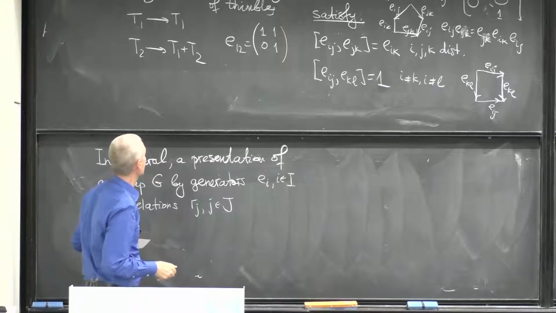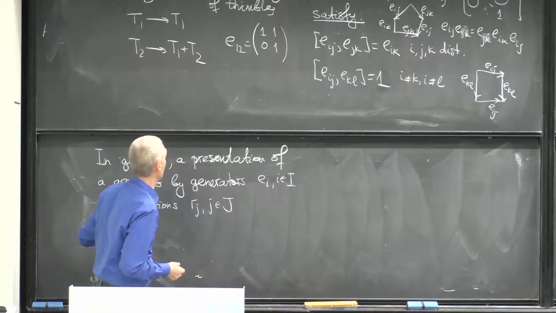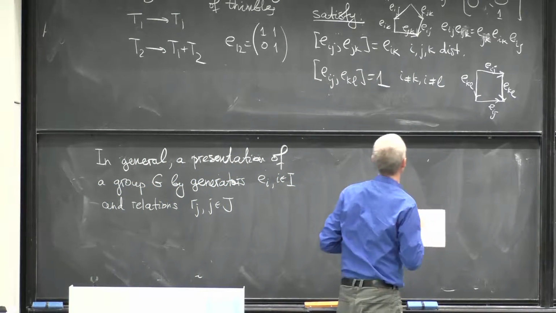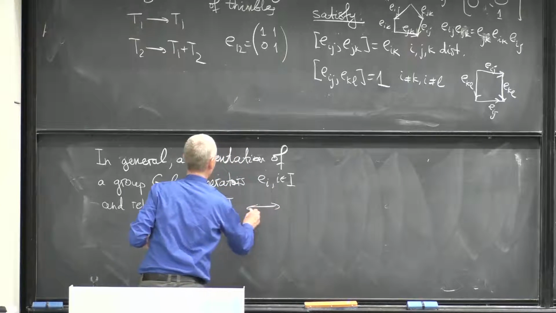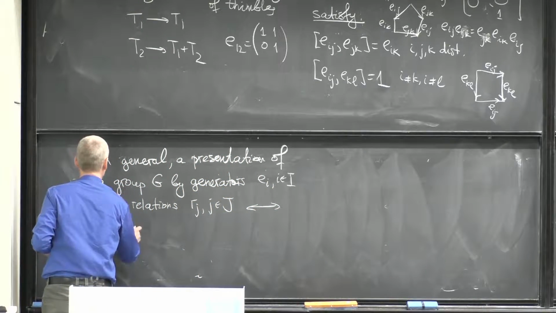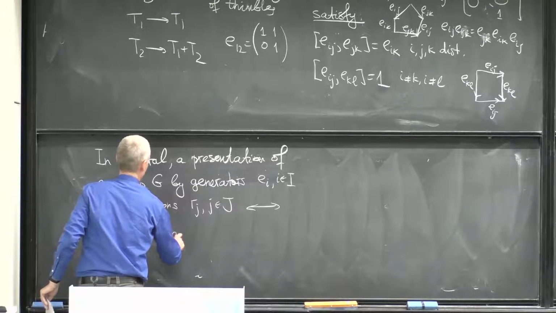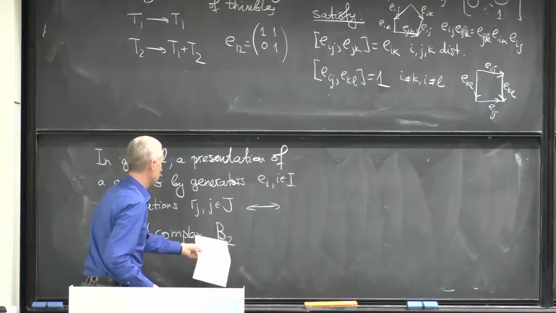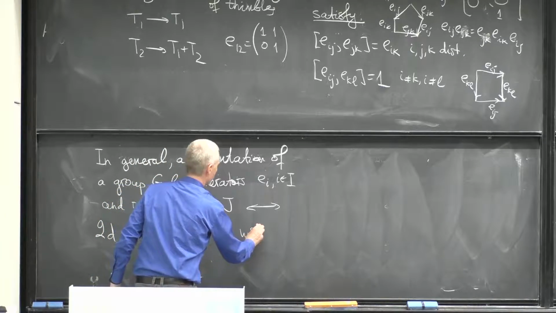Topologically, it's simply a two-dimensional CW complex, because every relation we can always visualize as a polygon. So this is a two-dimensional CW complex. That's called B2, because it's two-dimensional, with one vertex.